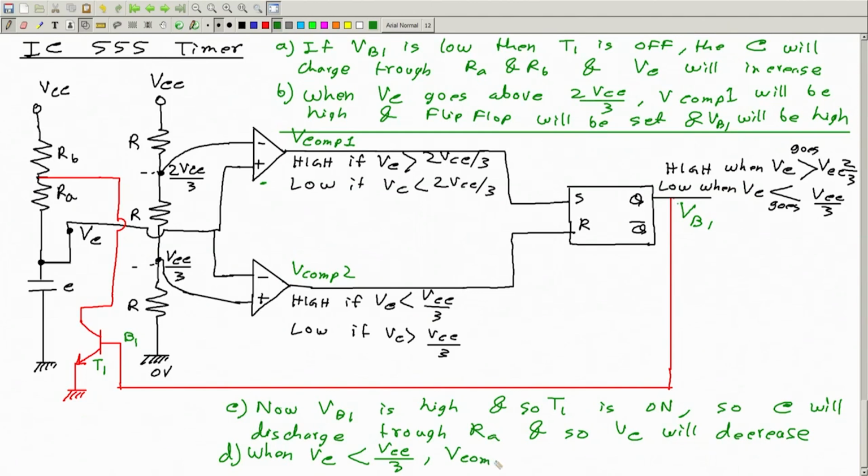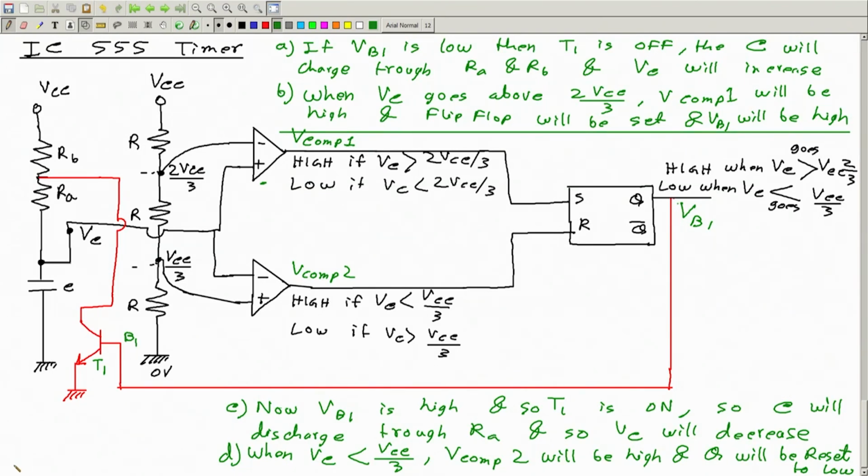V comp 2 will be high, and if this is high, then reset will be triggered, and Q will be reset to 0, or reset to low. This way it will oscillate forever. I hope the functionality is clear.